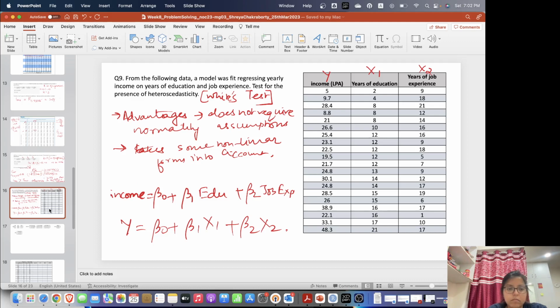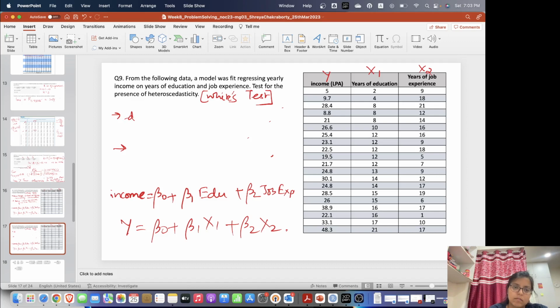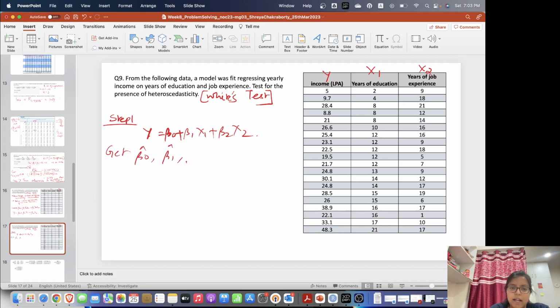So step 1 is to fit y equal to beta naught plus beta 1 x1 plus beta 2 x2 and get beta naught hat, beta 1 hat, beta 2 hat.